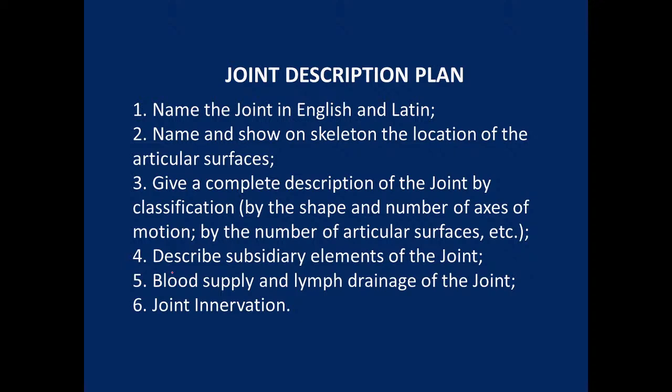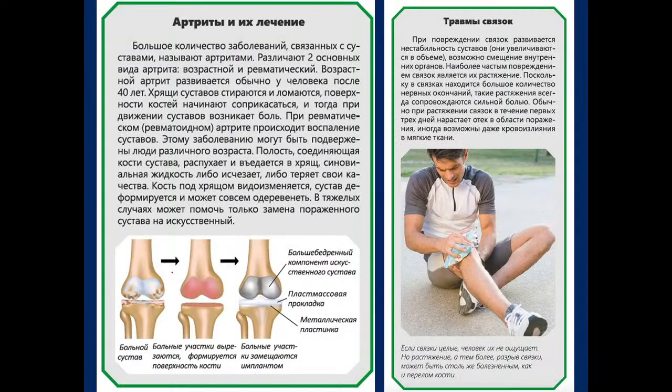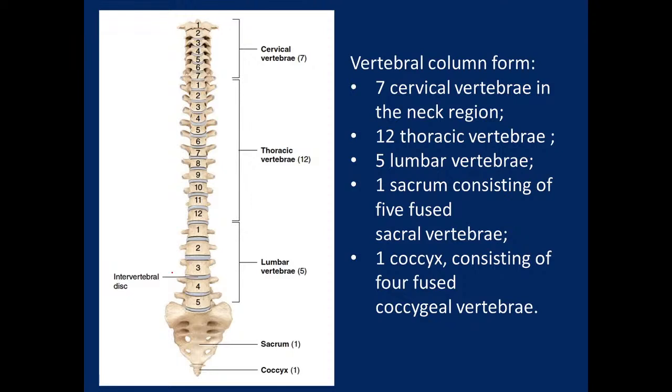It is a good idea to use this description plan for anatomy. Here is the next part of our lecture, where I will show you all joints in the vertebral column. For example, a combination of different joints between vertebrae forms the vertebral column.